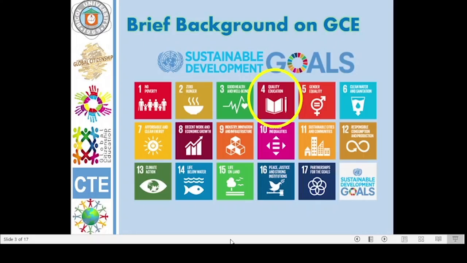The context of this research is global citizenship education. UNESCO actively helped to frame the Education 2030 Agenda, which is encapsulated in Sustainable Development Goal number 4. It ensures inclusive and equitable quality education and promotes lifelong learning opportunities for all.